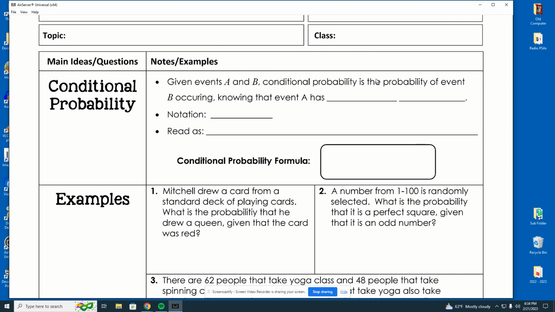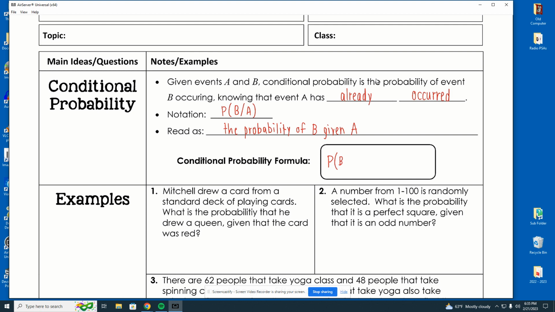So, given events A and B, conditional probability is the probability of event B occurring, knowing that event A has already occurred. So the notation would be the probability of B given A. So here's the formula for it.